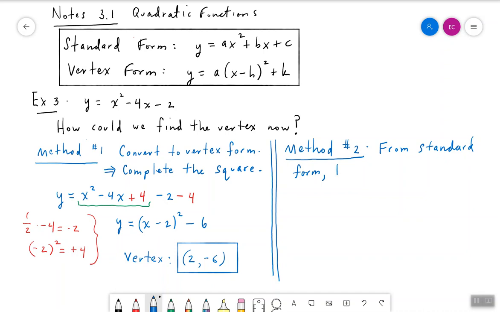From standard form, the x coordinate of the vertex is given by x equals negative b over 2a.